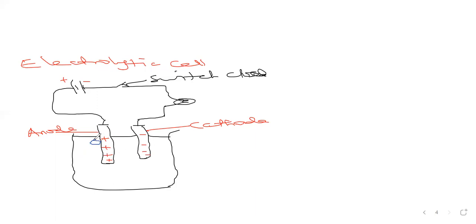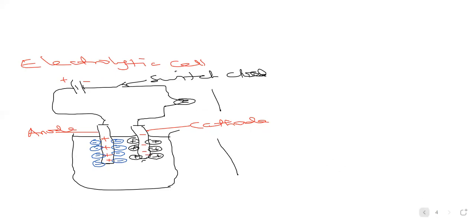Negatively charged ions are attracted to the anode, and the positively charged ions, which are the cations, are attracted to the cathode. That's the theory on which electrolysis depends.